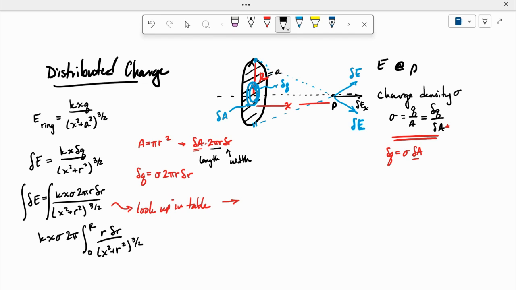And this is in a table. So this is what you'll actually find in a table, this chunk here. If you look that up, you'll see there's something in the table that says the integral of x dx over x squared plus a squared to the 3/2 equals negative 1 over x squared plus a squared to the 1/2.